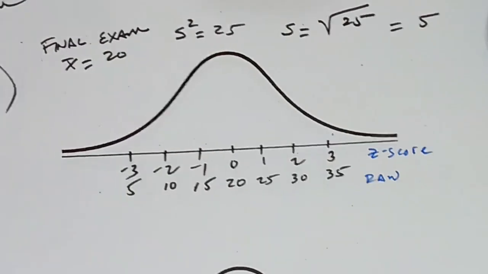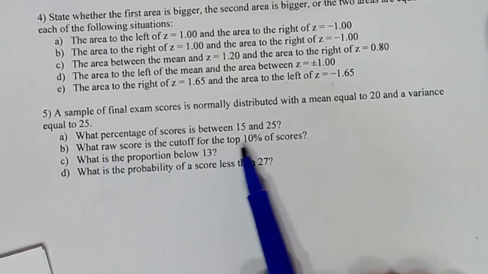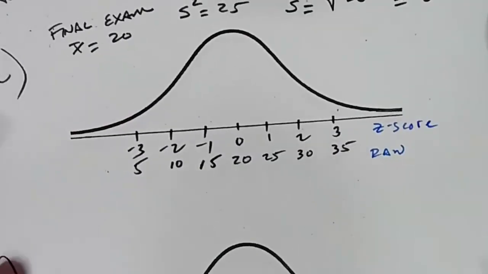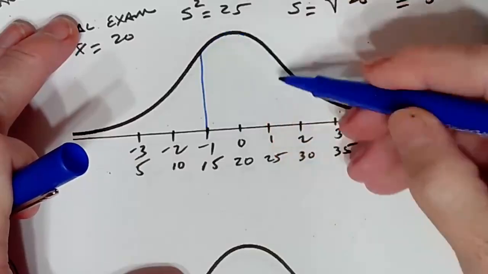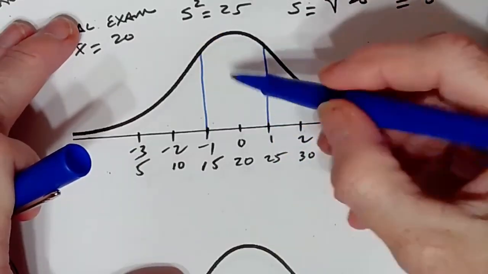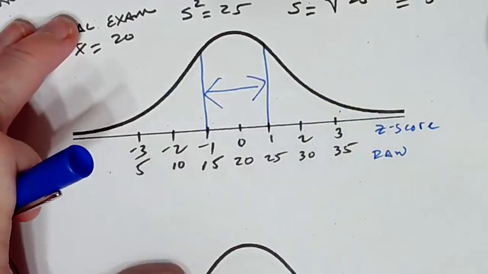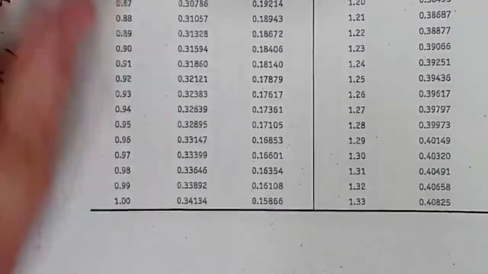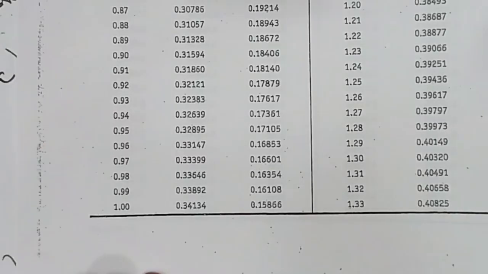The first one, A, says what percentage of scores is between 15 and 25? This is pretty easy for us. We've done it before. That's between -1 and +1, and we remember that this was 0.34134, so 34.13%.